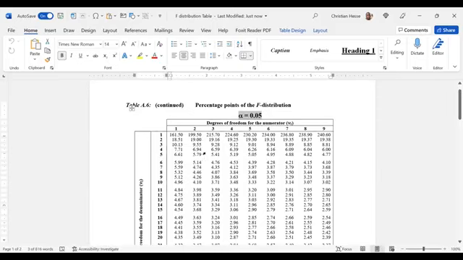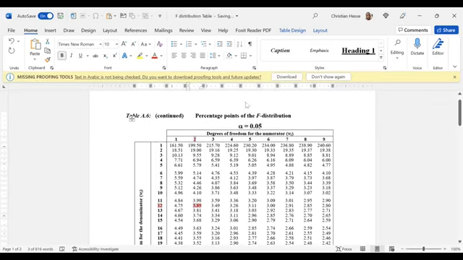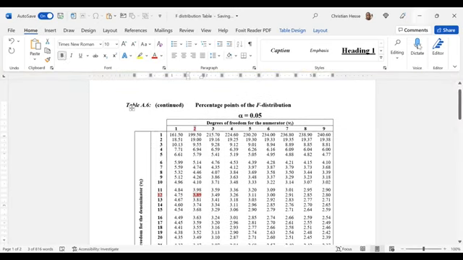And what are the degrees of freedom? The numerator was 2, and the denominator was 12. So we have 2 and 12 degrees of freedom. So what will be the value? 3.89. So the critical value for F is 3.89.